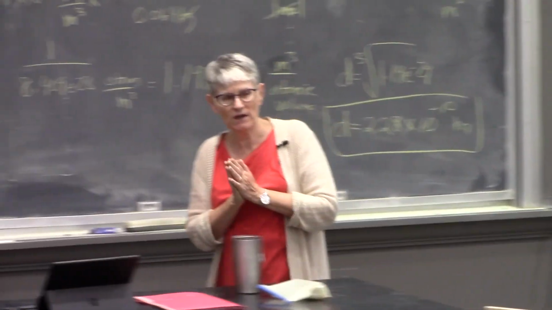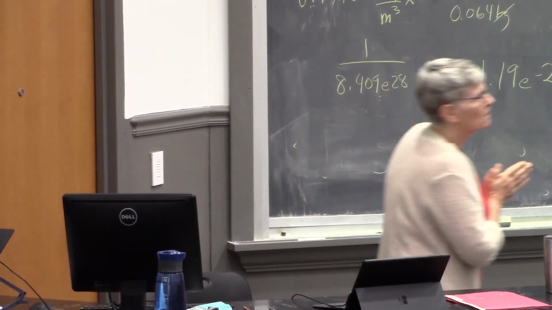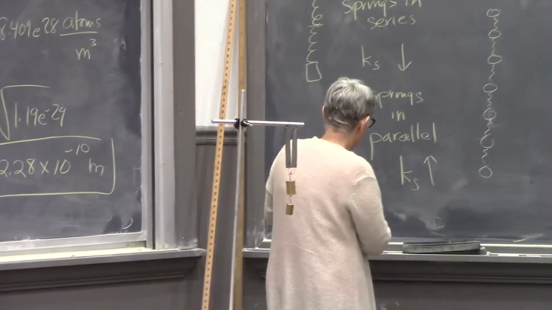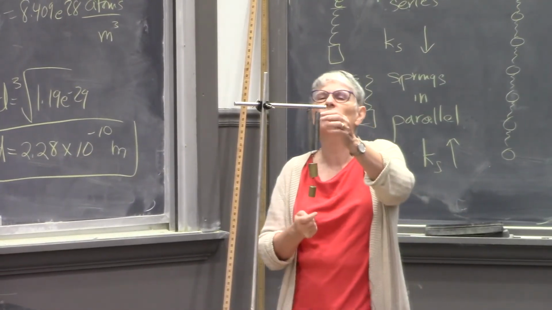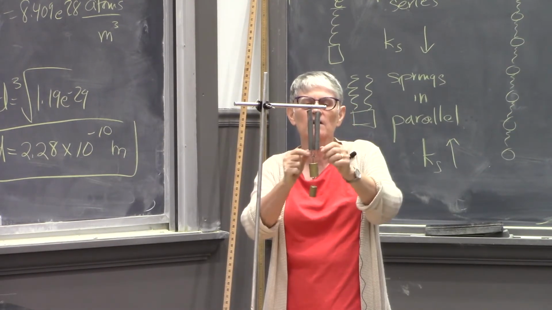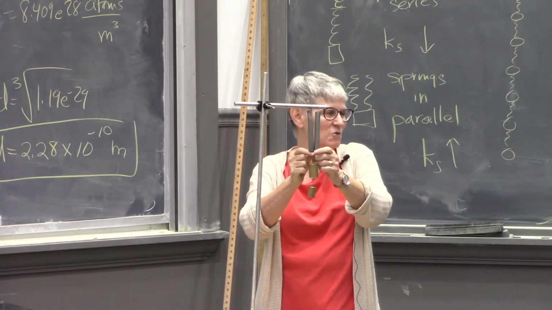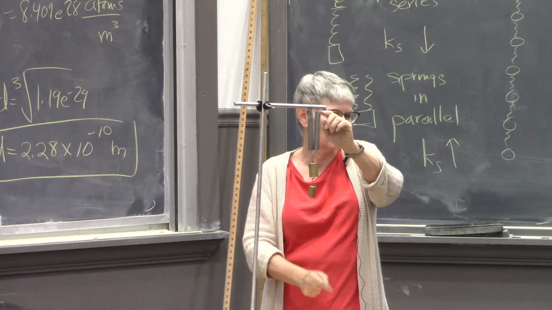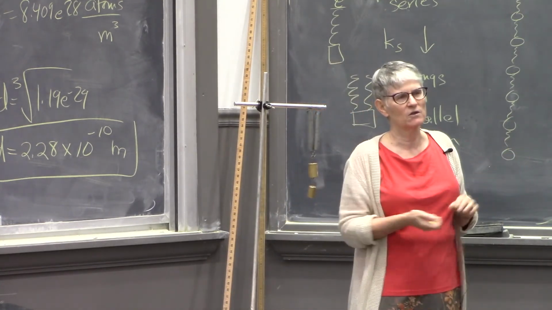If the springs are truly identical, which ours aren't, yes? When it says how much longer does this longer spring stretch, does it mean both of the springs together? Yeah, so what I was trying to measure was the distance from the top of this spring to the bottom of the other spring, assuming that this piece in the middle didn't stretch at all. Let's pretend that piece in the middle is really small. So yes, basically the springs in series considered as one spring is the question.